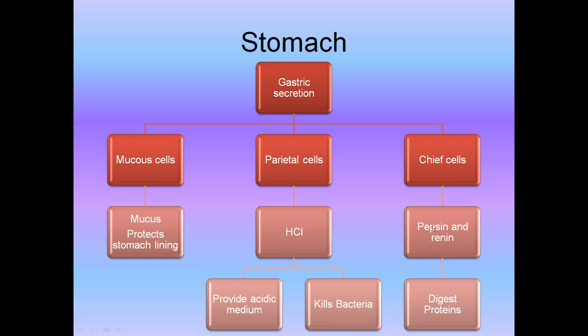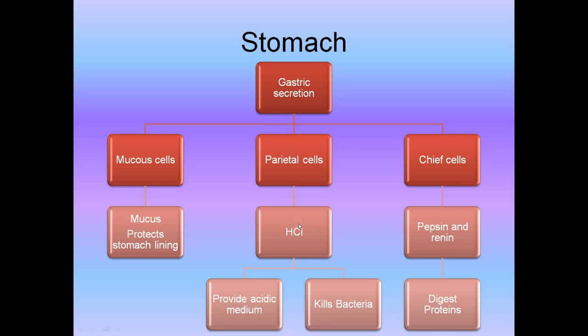So you have to learn that gastric secretion comes from three types of cells present in the lining of the stomach. These are mucus cells, parietal cells, and chief cells. Mucus cells secrete mucus, which protects the stomach lining from its own acid.